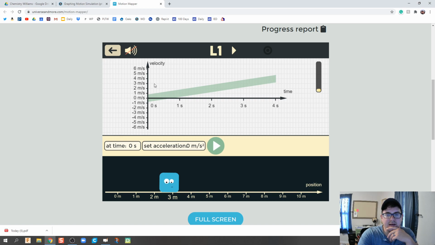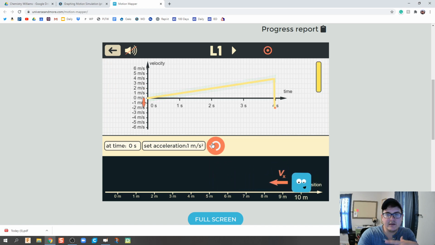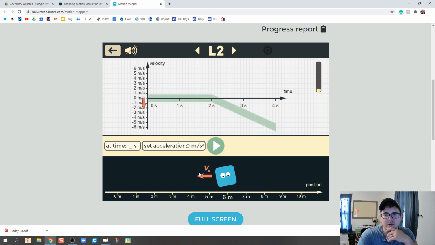So how do we find that? Well, it looks like at 4 seconds, he's now going 4 meters per second. So what is the slope of this line? Up 4 over 4 is +1. And there we go. We just found the slope of that to help me determine what his velocity was.